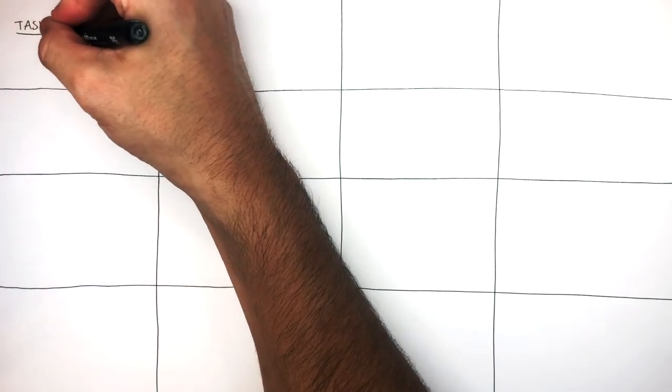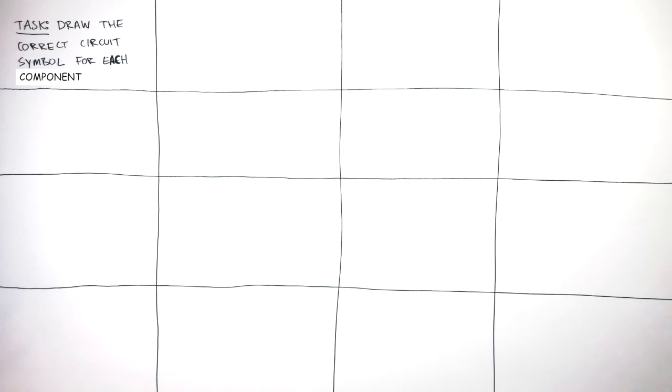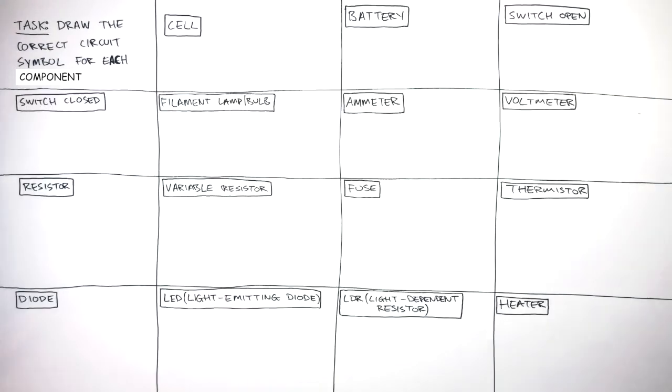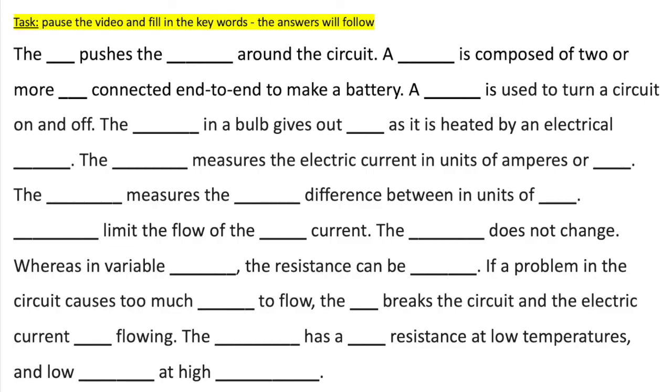Pause this video to complete this task, which is to draw the correct circuit symbol for each component. The answers will follow. Pause the video here to practice the keywords.